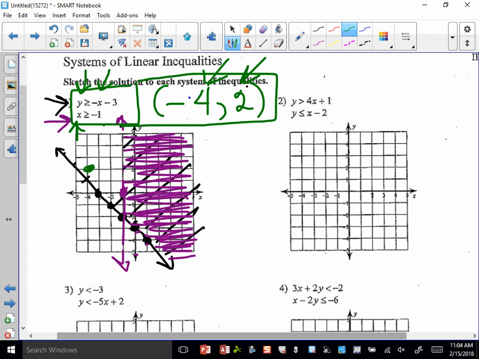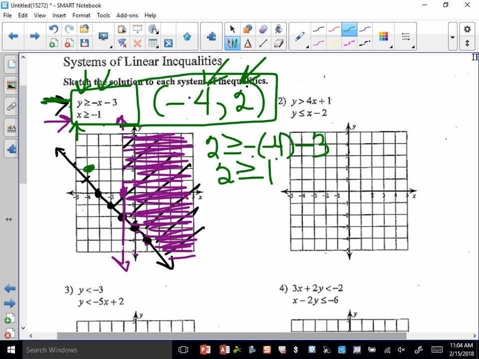So let's say Y is 2. So I'm going to test it into this one right here. So Y is 2, X is -4. So I'm going to have a positive 4 minus 3. So that gives me what, 1? So that one is okay. That says yes. So then I've got to test it into the second one.